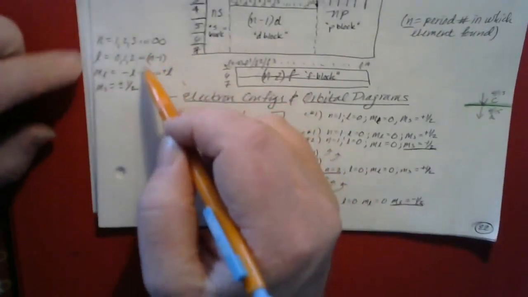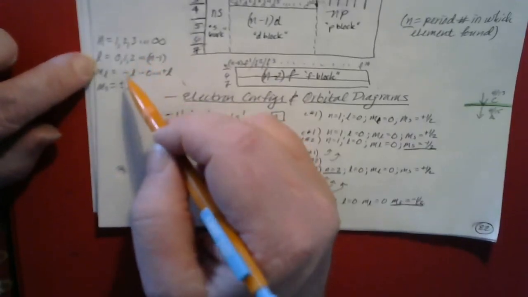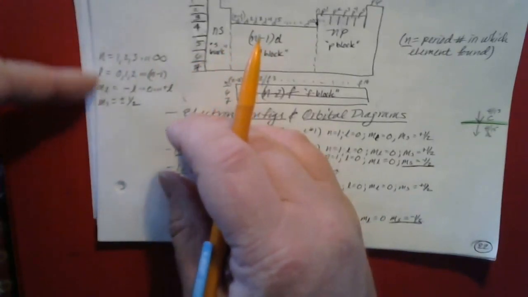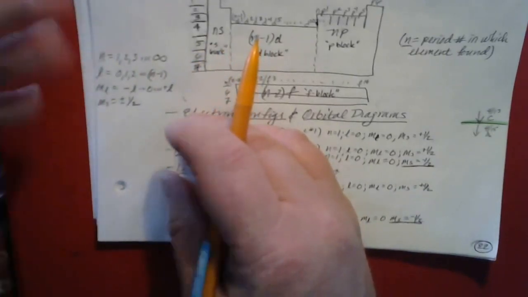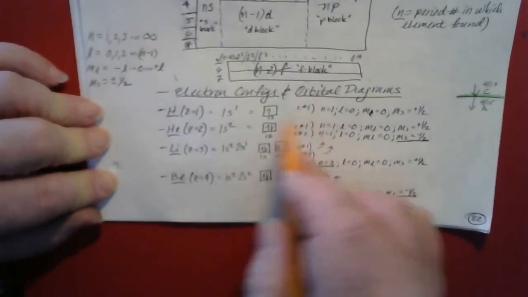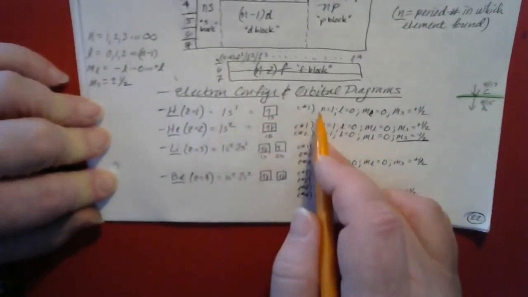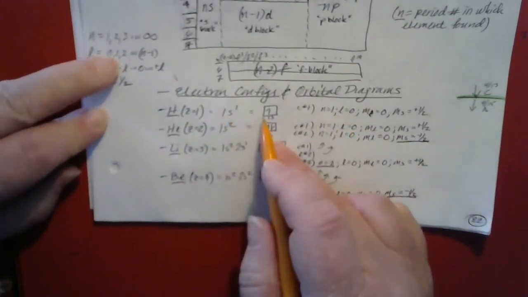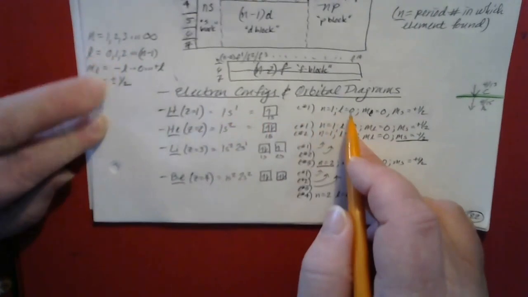So a lot of these two middle values here, L and M sub L, depend on the value of the quantum numbers that come before them as to what they're allowed to be. All right, so for the one electron in hydrogen, we already established it's in the first shell, so n equals 1. L equals 0 corresponds to an S-type orbital.